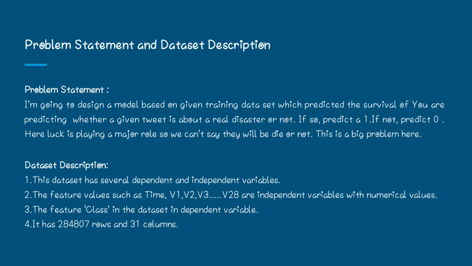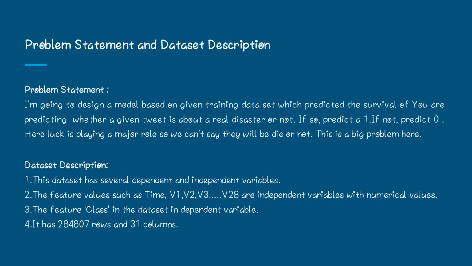Data descriptions. This data set has several dependent and independent variables. Dependent variables are the variables which hold the phenomenon we are studying. Independent variables are the ones through which we are trying to explain the value or affect the output variable.